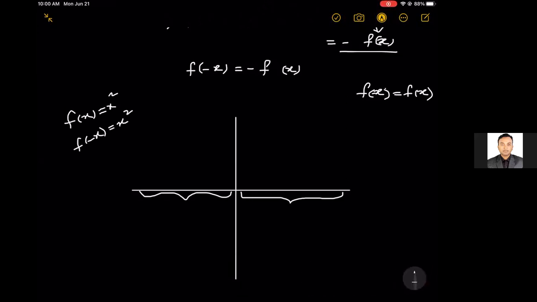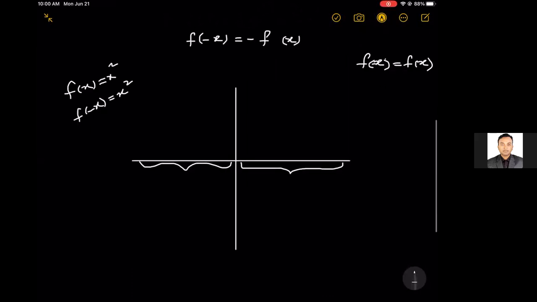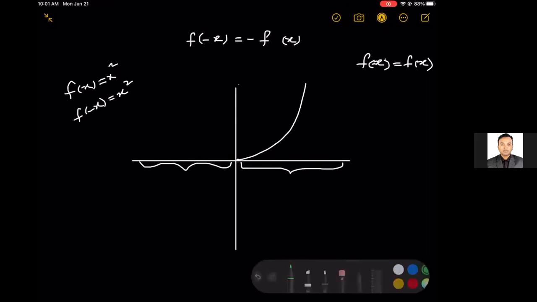So that means if we have just a couple of values on our right, if we plug in a couple of values and know that the graph is going like this, straight away, without doing any further calculation for any negative x values, we can just use this as a mirror.